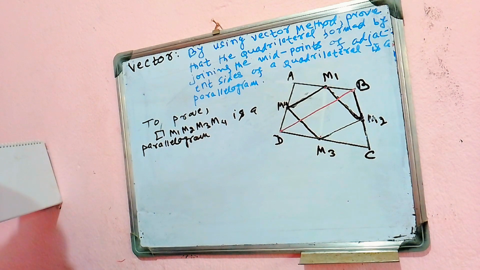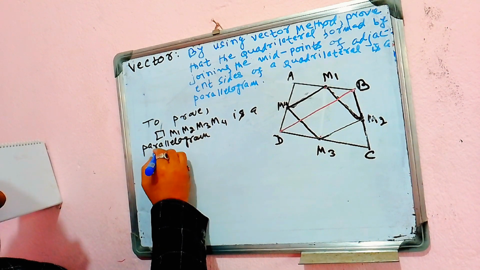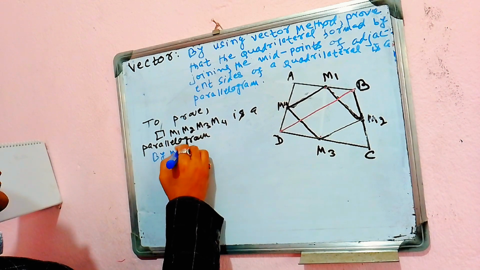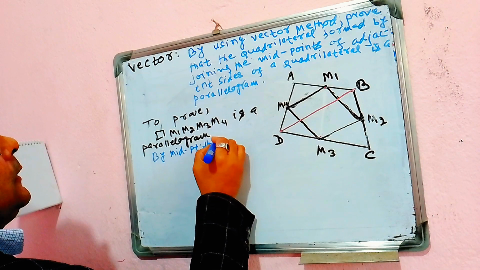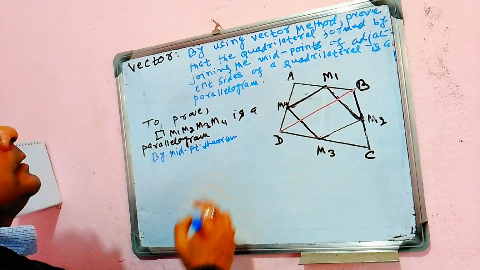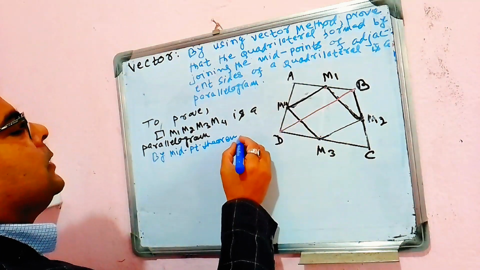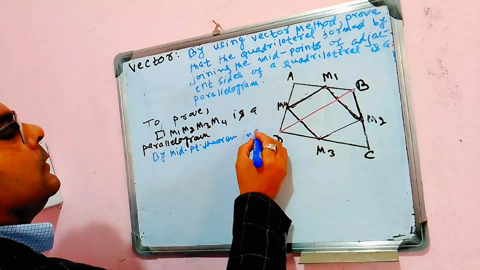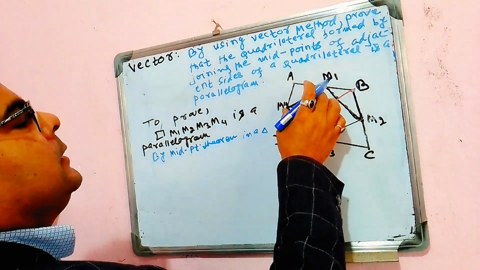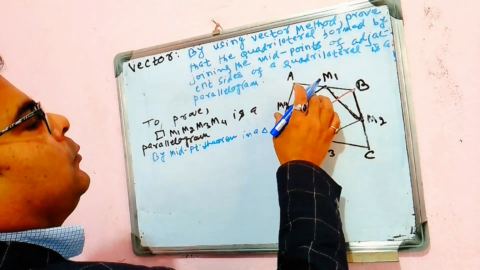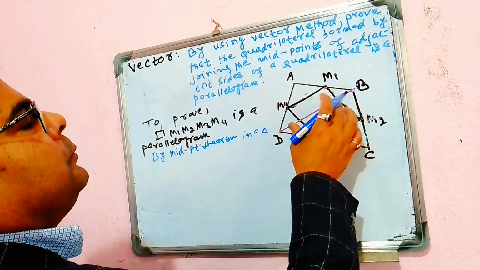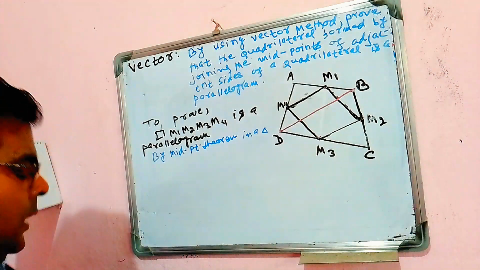By the midpoint theorem in a triangle, the relation between BD and M1 M4 is that BD is double of M1 M4.